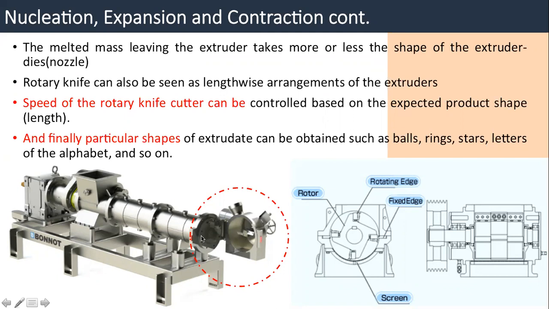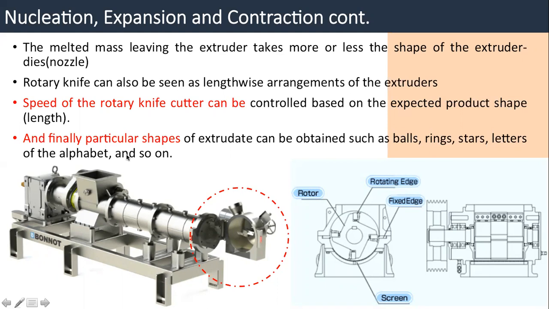When we decrease the rotation speed, then you can get the product with a little bit higher length. When we increase the rotation speed, you can get the product with low length.